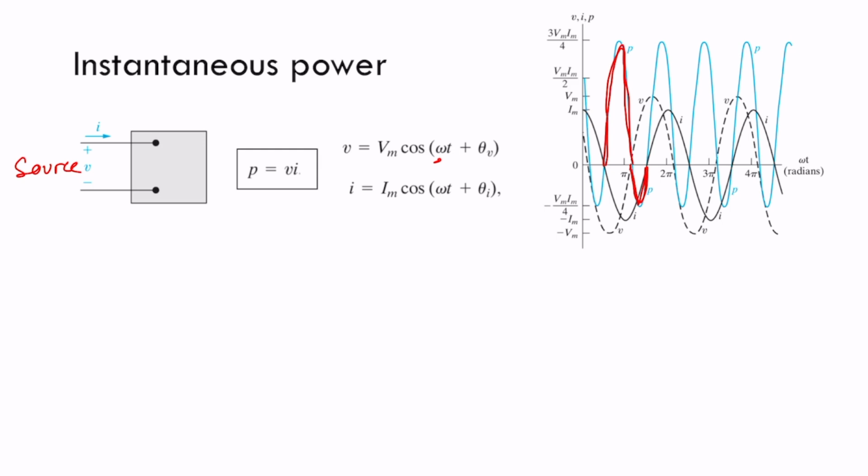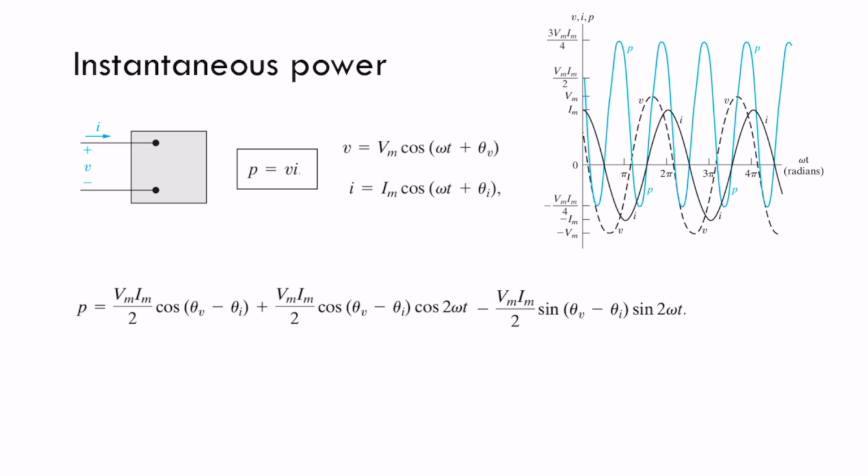This is very different from what we understood from DC circuits, because now instantaneous power can go from positive to negative. Mainly it's positive, but also it's negative. So if we integrate over some period, it will be positive. It means that on average there is a delivery of power to this gray system. Another interesting thing is that the frequency of this power is double.